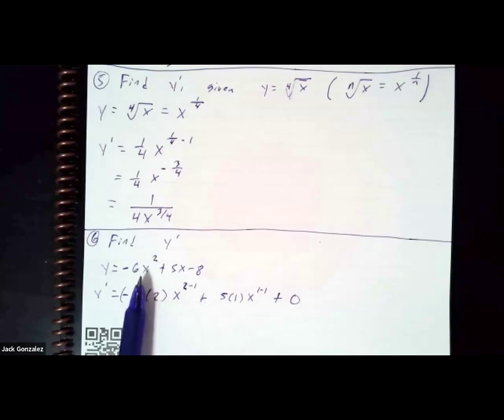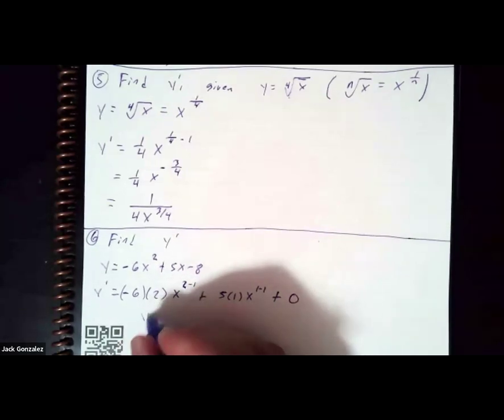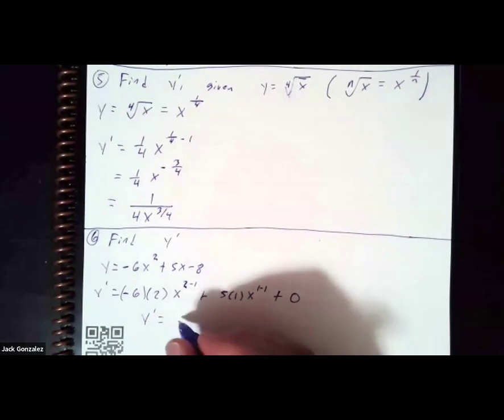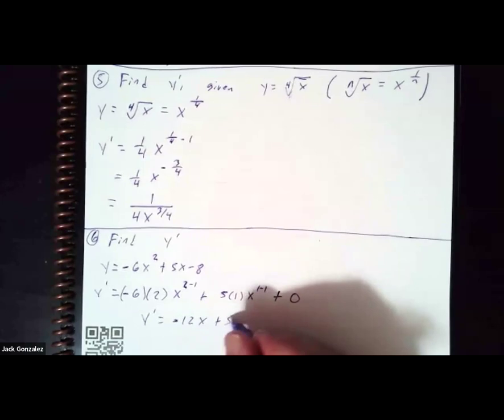Are there any questions on how we apply the power rule to this part, and there? All right. So at this point, just do your algebra and you're done. So the derivative will be equal to negative 12 x plus 5.